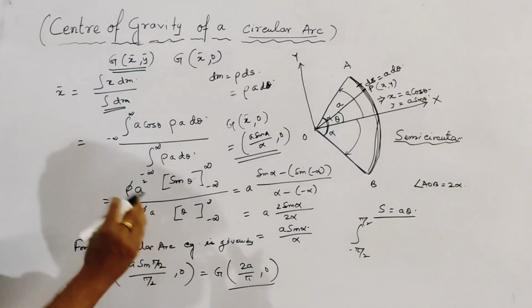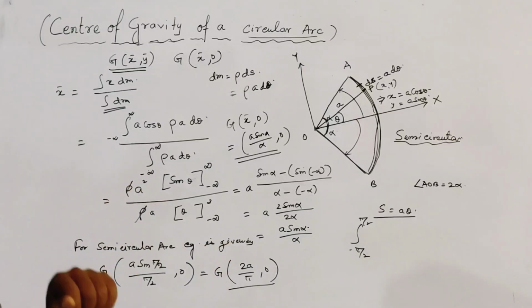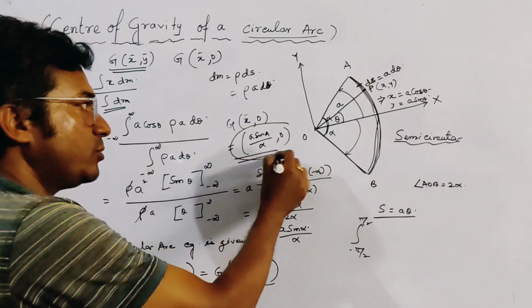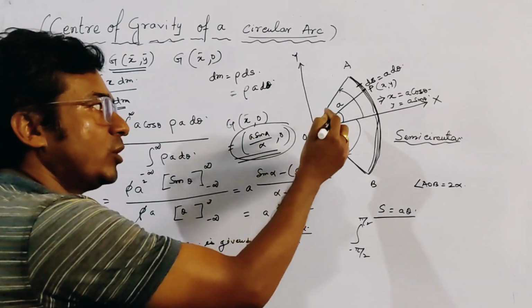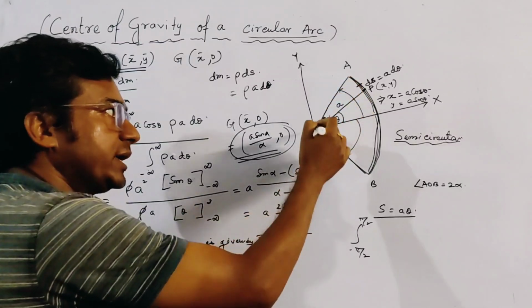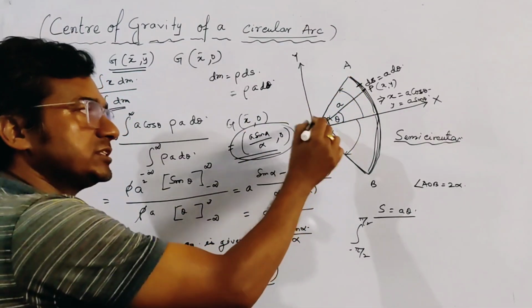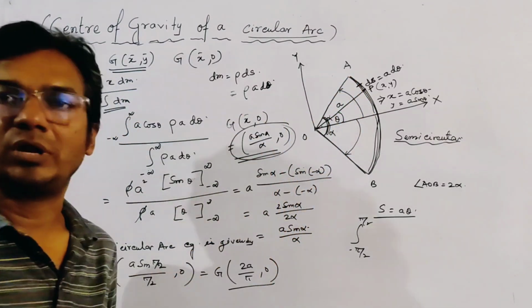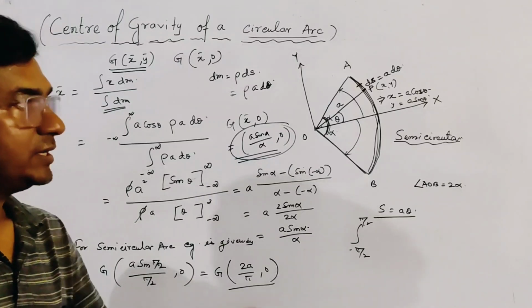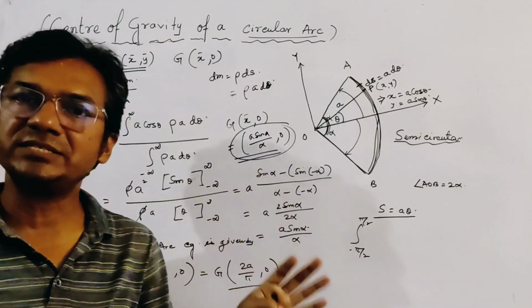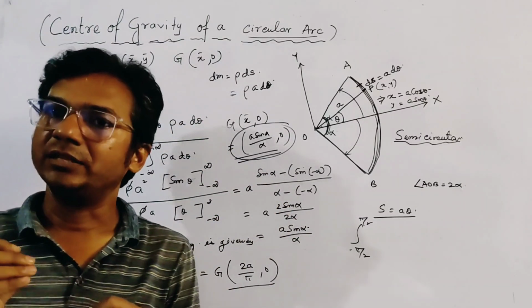This is the CG of the semicircular arc, and this is the general formula if the angle at the center is given by 2 alpha. And this is a very easy and simple process to find the CG.